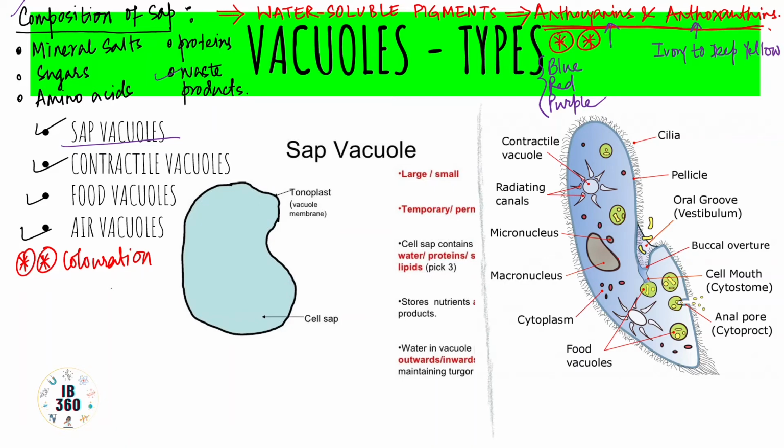Now they may also store food reserves like sucrose, and solutes present in cell sap maintain a proper osmotic pressure in the cell for its turgidity and water absorption. In the epithelial cells of plant roots, we know that there is endosmosis of water from soil.